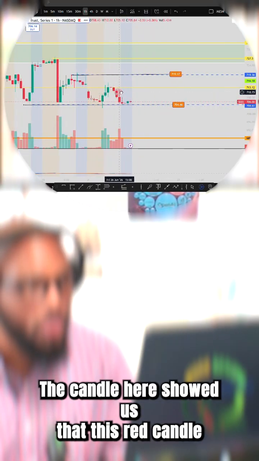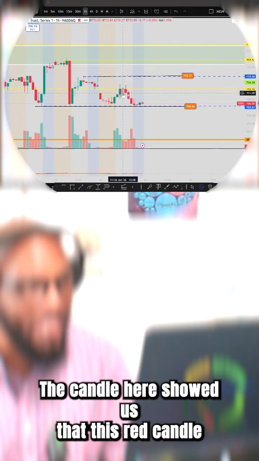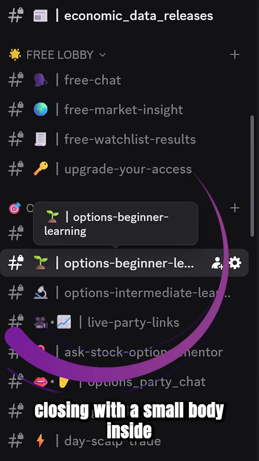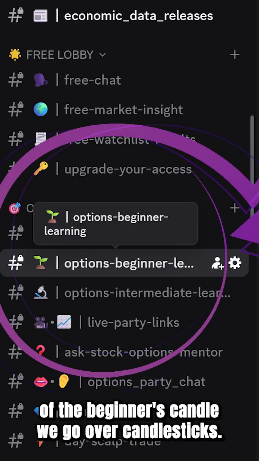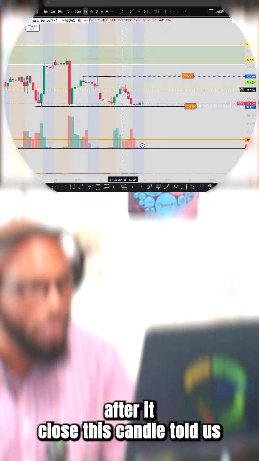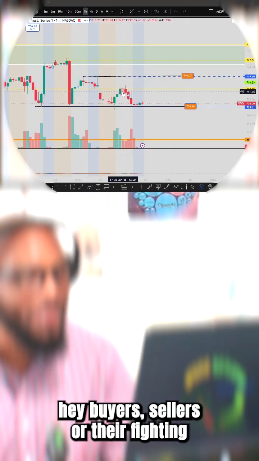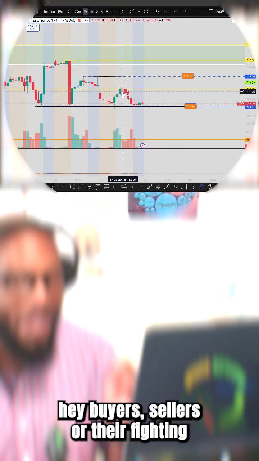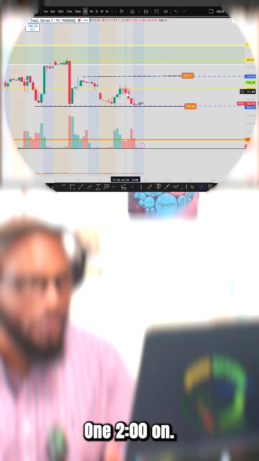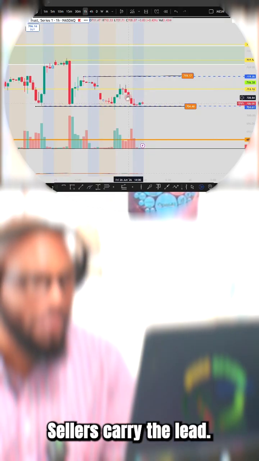The candle here showed us that. This red candle closing with a small body, inside of the beginner's channel we go over candlesticks, what they're telling us, what we can anticipate after it closed. This candle told us, hey, buyers, sellers, they're fighting. Sellers are winning. The 1 o'clock candle told you, hey, sellers won. 2 o'clock on, sellers carry the lead.